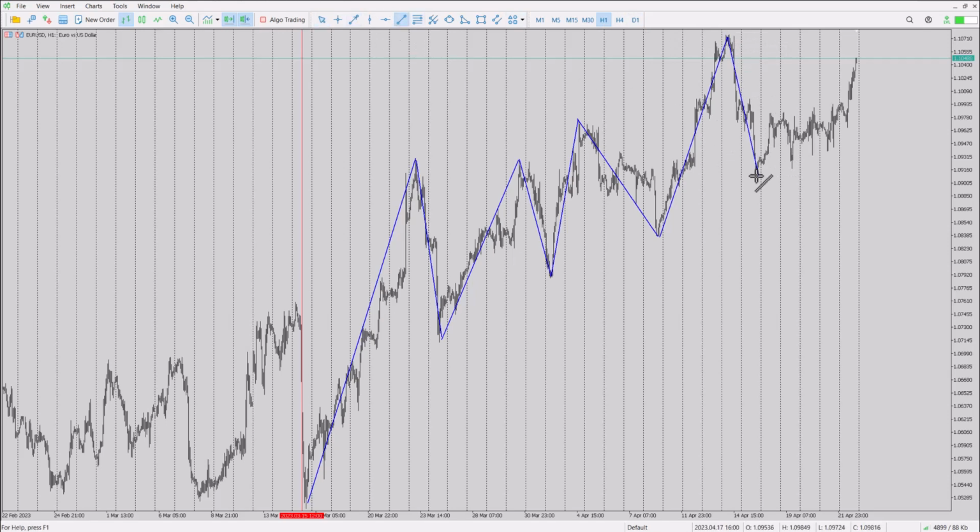Everyone has a different kind of view, so you have to try this many times to find your own view. The second thing is the trend lines.